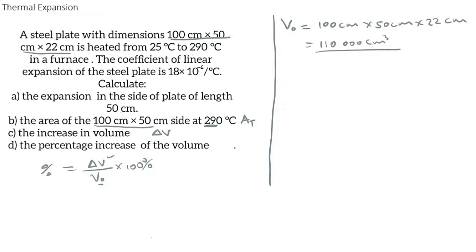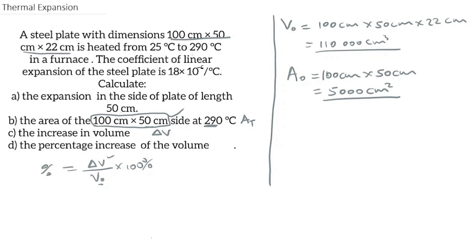That's the initial volume. Then let us calculate the initial area that they gave us here. The initial area is 100 centimeter by 50 centimeter. This is going to give us 5,000 centimeter squared. That's this area.